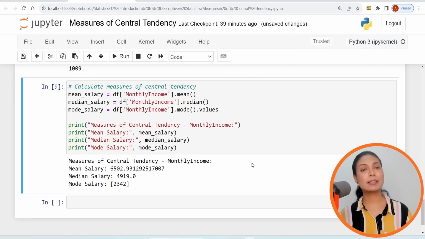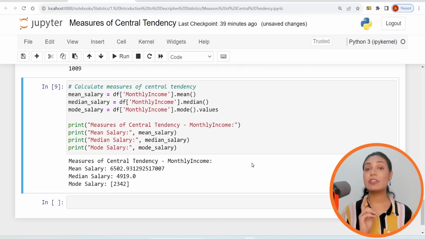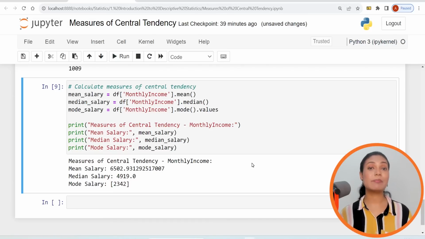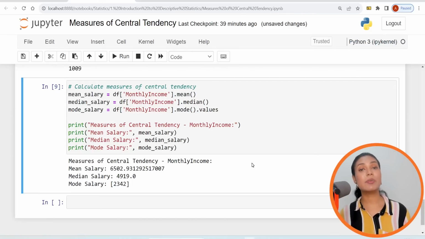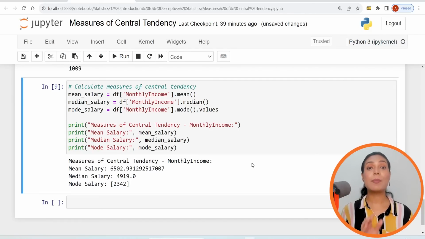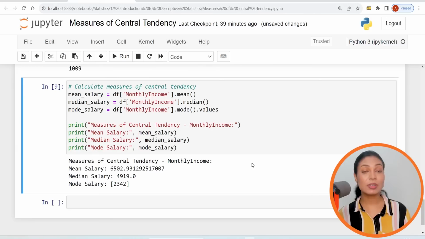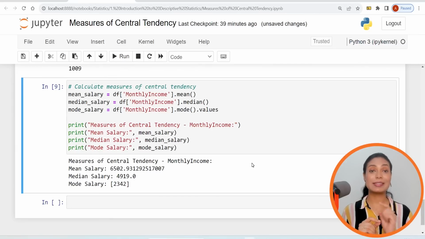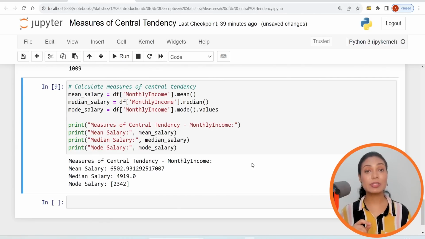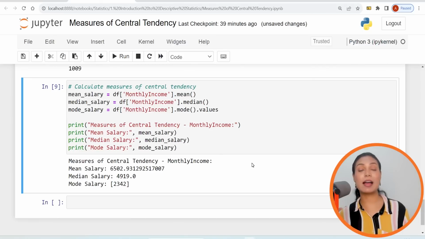Let us try to understand the reason. If the value of mean is greater than the median, it suggests that the distribution of the data is positively skewed or right-skewed. In a positively skewed distribution, the tail of the distribution extends towards higher values, pulling the mean towards the higher end.